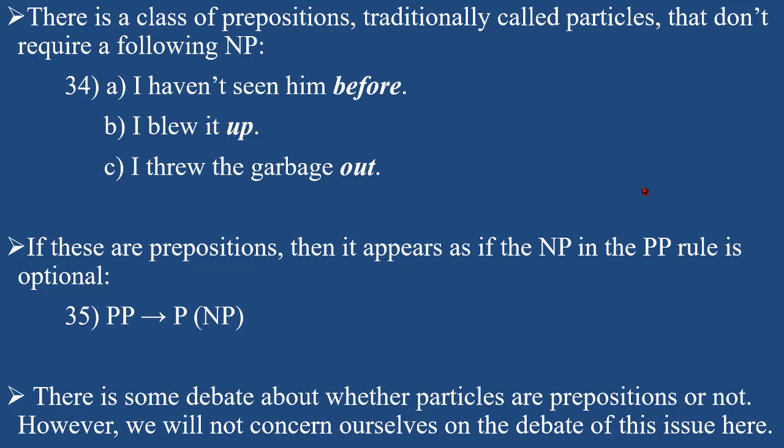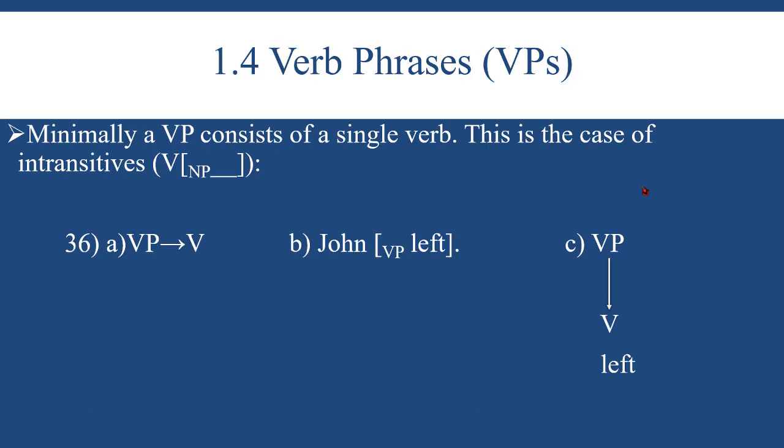However, we will not concern ourselves with the debate here. We'll leave that for the syntacticians to work on, and we'll keep considering NP as obligatory in the preposition phrase. In other cases, of course, but in this case, it's optional. But this is very rare.